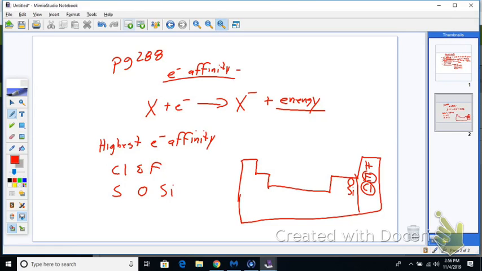Oh no, silicon's over here, and sulfur's below oxygen, right? Okay, so where on the chart do they have the highest electron affinities? And I messed up on this because this is supposed to be different. Let me redraw that.